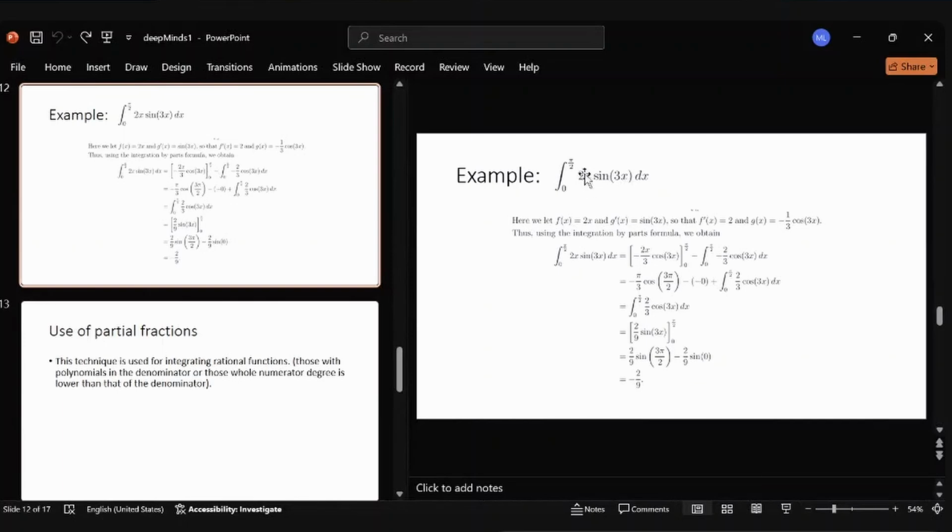So we take the algebraic function to be the u, and this is taken as the dv, which is the same thing as in this statement. So from integration by parts, using the expression above, these are the steps that we follow to get the final answer.